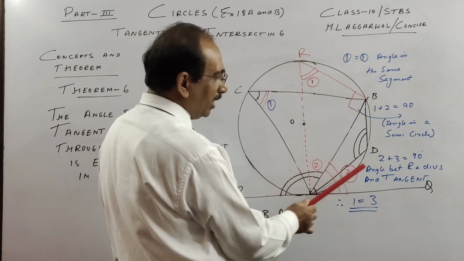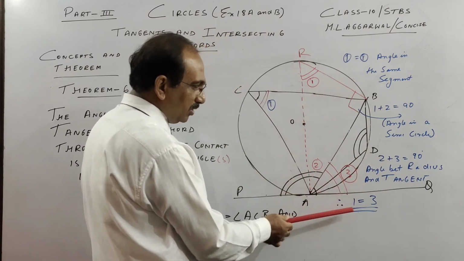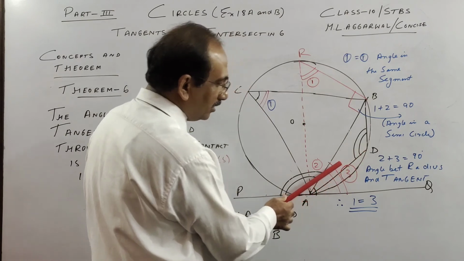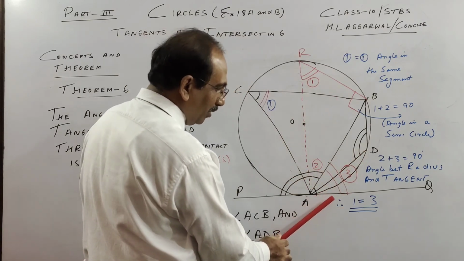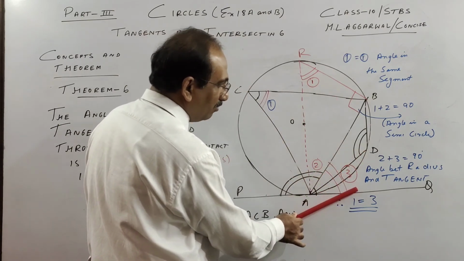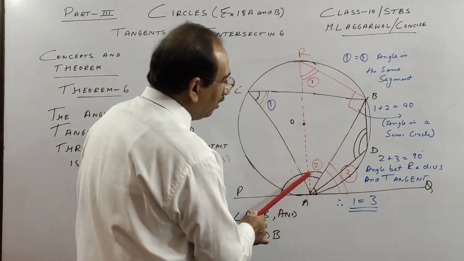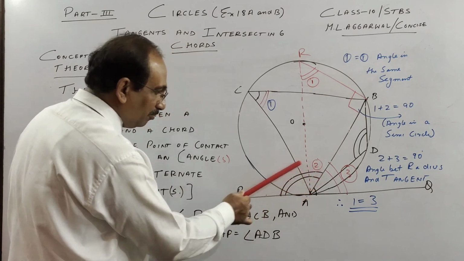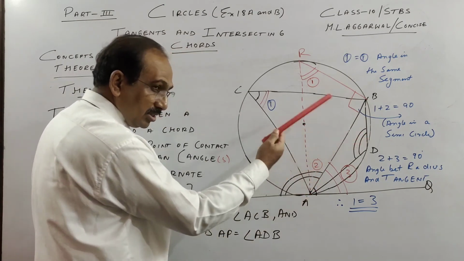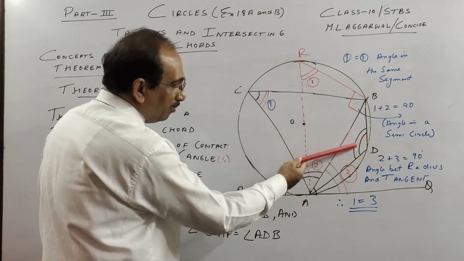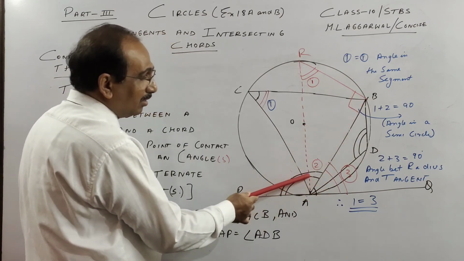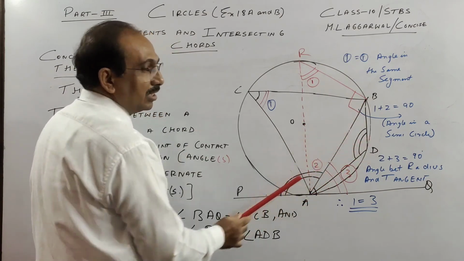That means if you subtract 2 from both, 1 will be equal to 3. This is the angle made by the tangent with the chord in the minor segment, which is equal to any angle made on the major segment. In the same way you can prove that the angle made between the tangent and the chord in the major segment is equal to the angle made by that chord on the minor segment.